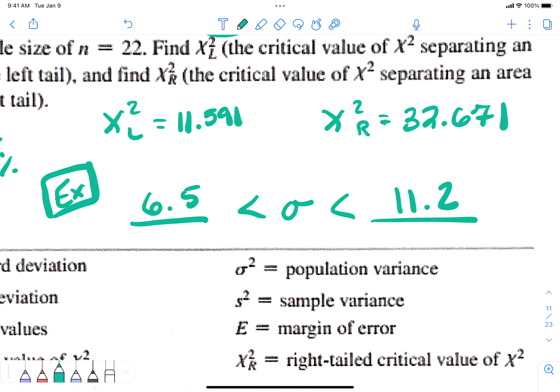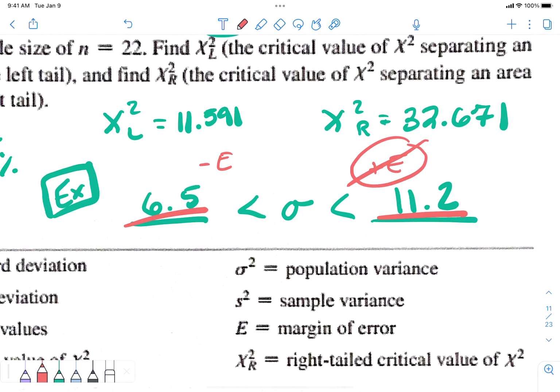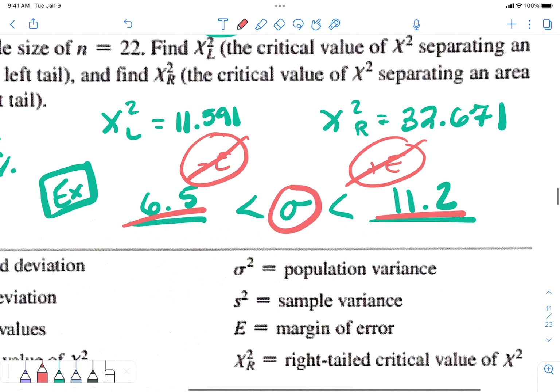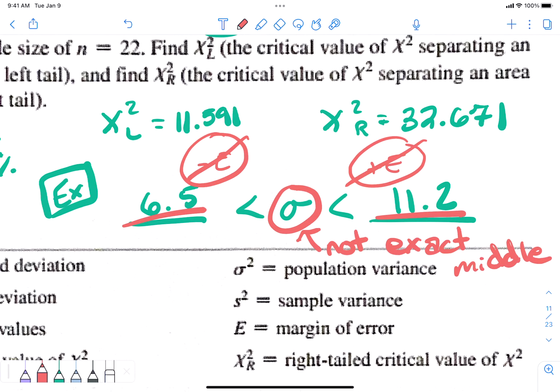That's what we get as an answer, right? Here's the deal. We did not add the error and subtract the error to get those two numbers, right? You don't do that. You found it by using the formula, which means this guy is not the exact middle. Does that make sense?